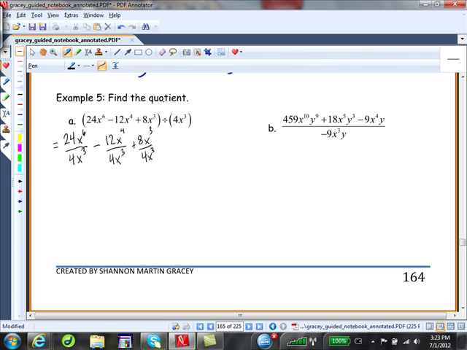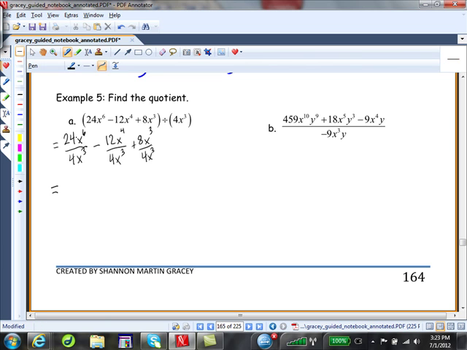So I divided through, each term got divided by that 4x cubed. All right. Another way one could think about it is multiplying by 1 over 4x cubed. So whatever works for you, that's how you do it.